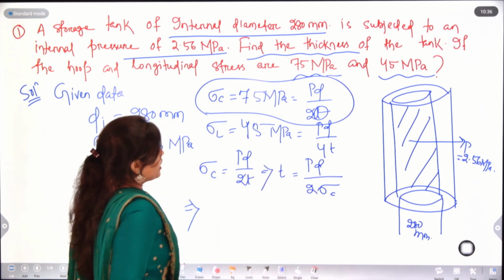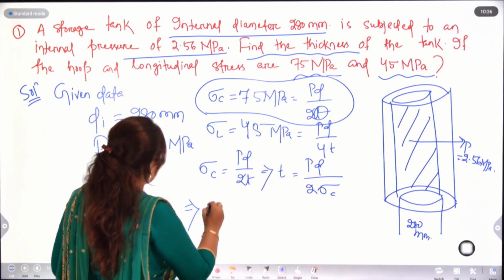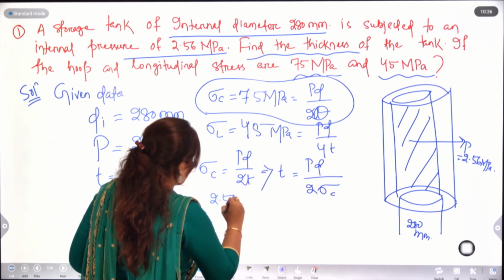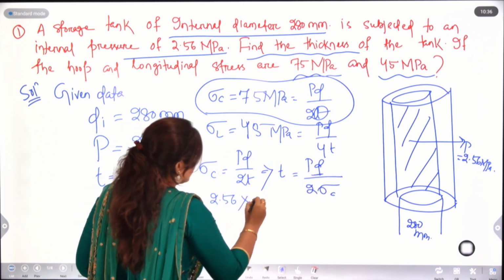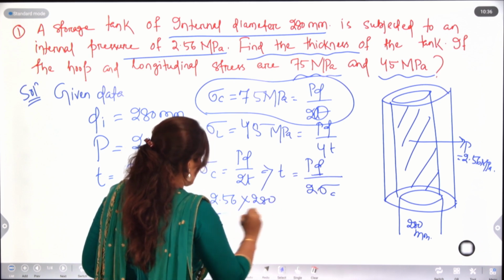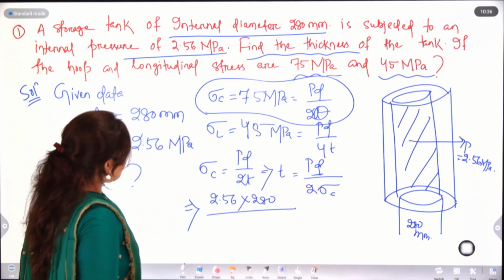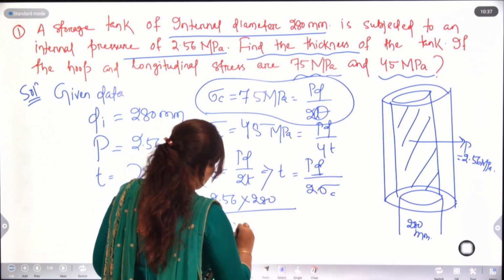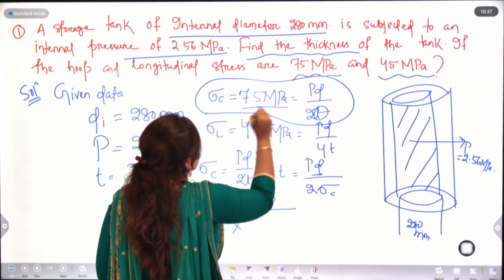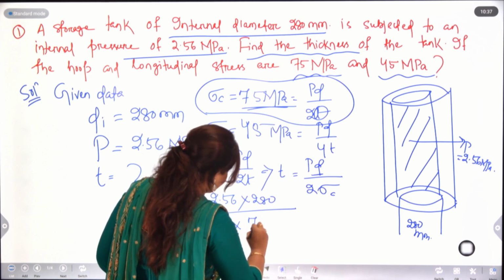So, our pressure is given, 2.56, into diameter, which is 280. Next is our sigma C. 2 into sigma C is 75.